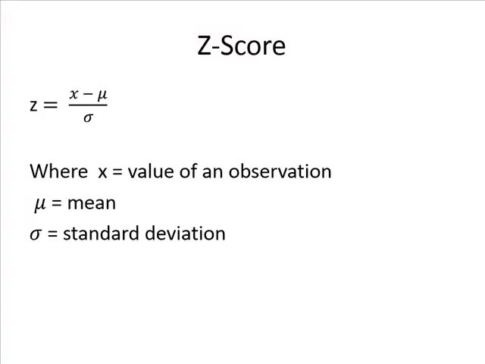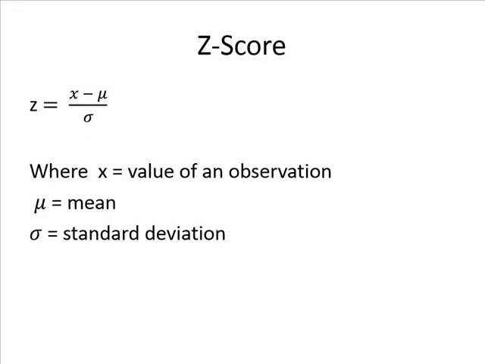All right. Z-score equation. To find z, we need to know x, the value of the data we're looking at. That could be an individual's shoe size. It could be your test score on a test. Okay.